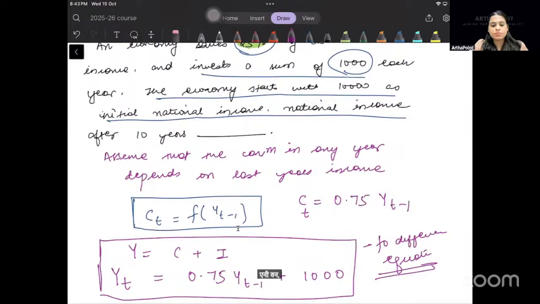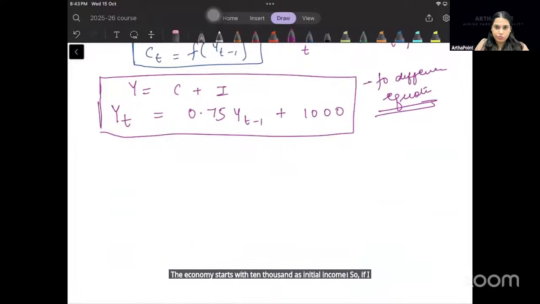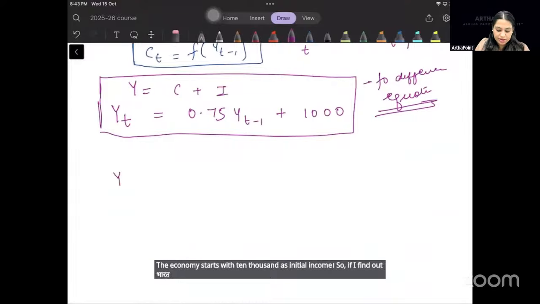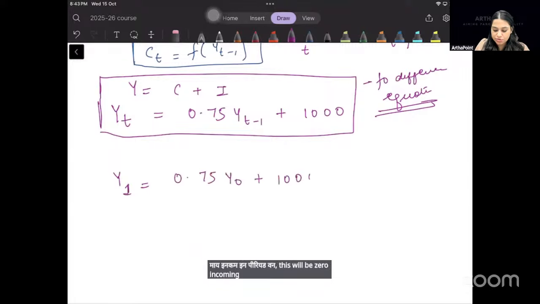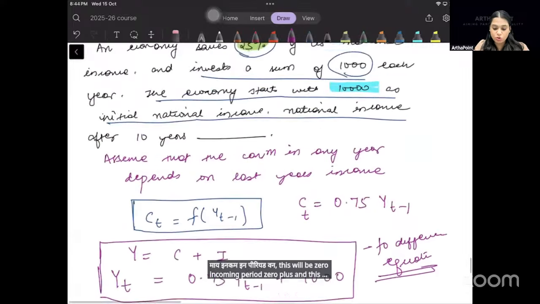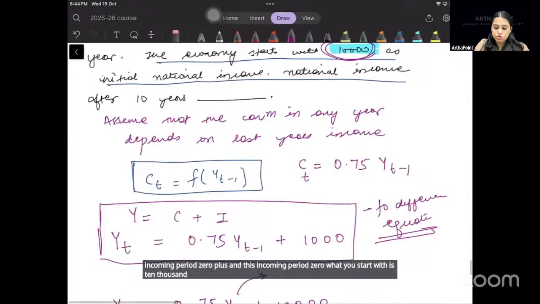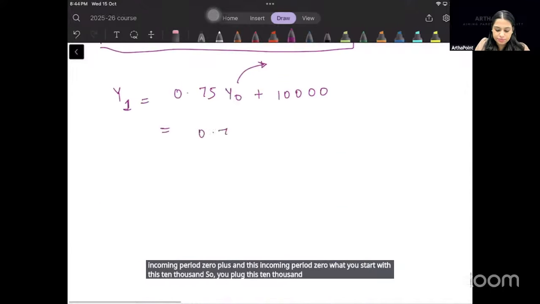Anyone? The economy starts with 10,000 as initial income. So if I find out my income in period 1, this will be 0.75 income in period 0 plus 1000. And this income in period 0, what you start with, is 10,000. So you plug this 10,000 here.